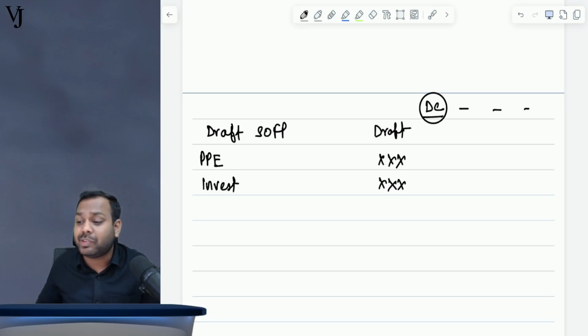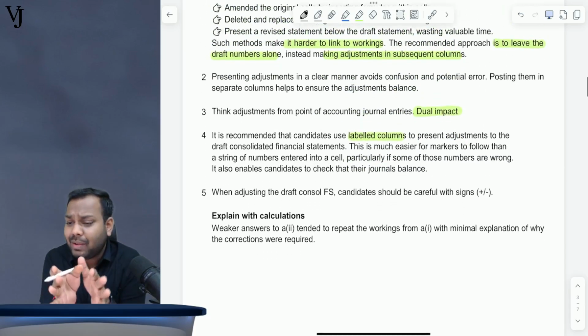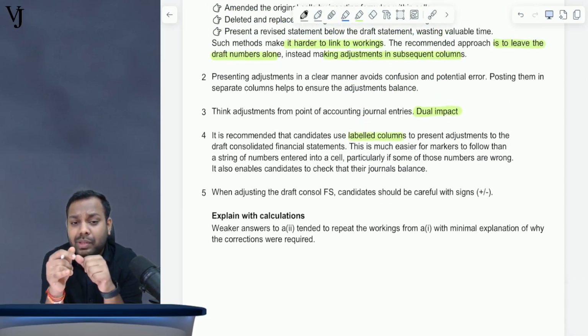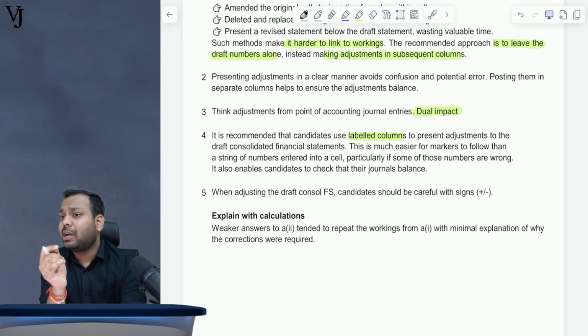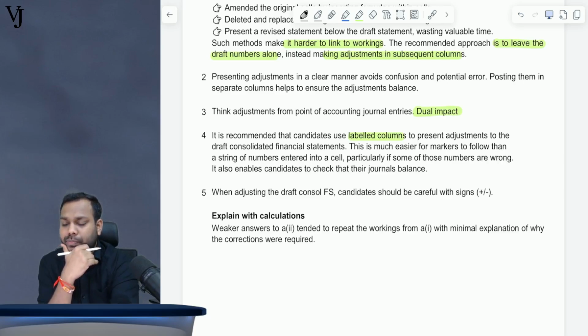So, labeled columns. And I believe this is the process that we have followed in our classes also. Tell me yes or no, guys. This is the same process which we have followed in our classes, right?